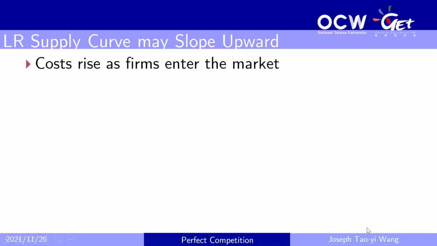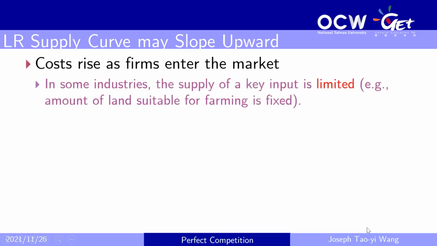The other possibility is that the cost of the existing firms would increase as firms enter the market. This happens if, say, the supply of a key input of this market is limited. For example, land. The land is fixed, so when more farmers come in, the land price will go up.